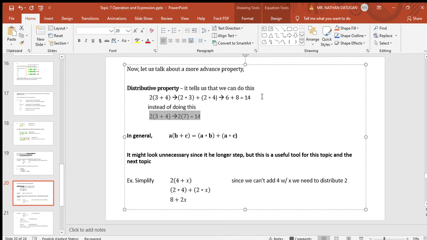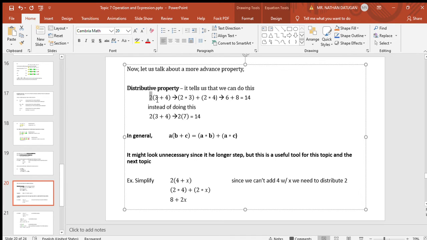Well, the distributive property tells us that if we have an expression inside parentheses and we're multiplying that expression with a number, in this case 2, we can distribute the 2 to all the terms inside. So 2 will be distributed to the first term, 3, and we multiply 2 times 3, and then we distribute 2 to the last term, 4, and multiply that.